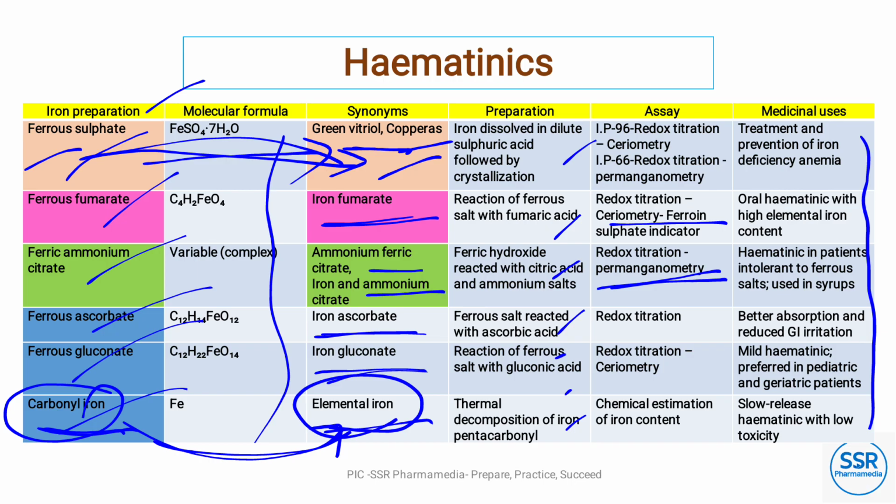So you read the preparations and assay yourself by taking a screenshot. But very important, all the iron compounds are assayed by cerimetry and permanganometry, by redox titrations only. So these are the medicinal uses of each compound. All the iron compounds are used for iron deficiency anemia.